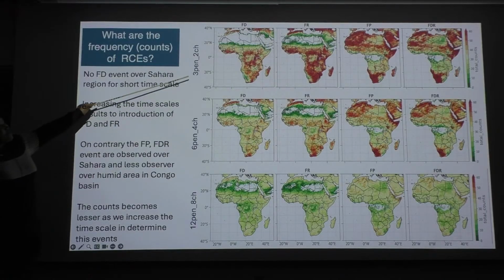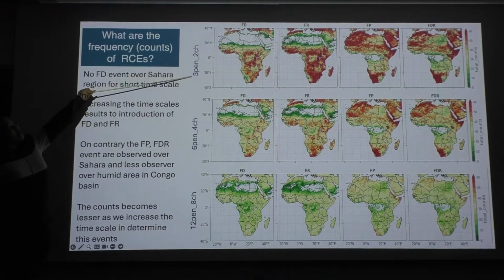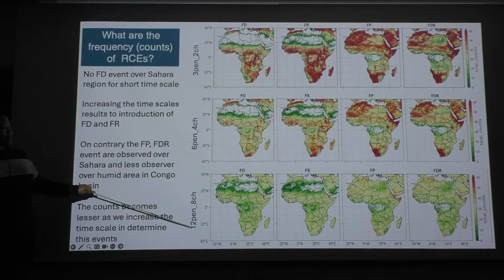The first row shows the time scale, which is 3 pentad composite with 2 change standardized anomaly. The second one shows 6 pentad with 4 change standardized anomaly, and 12 pentad with 8 change standardized anomaly.